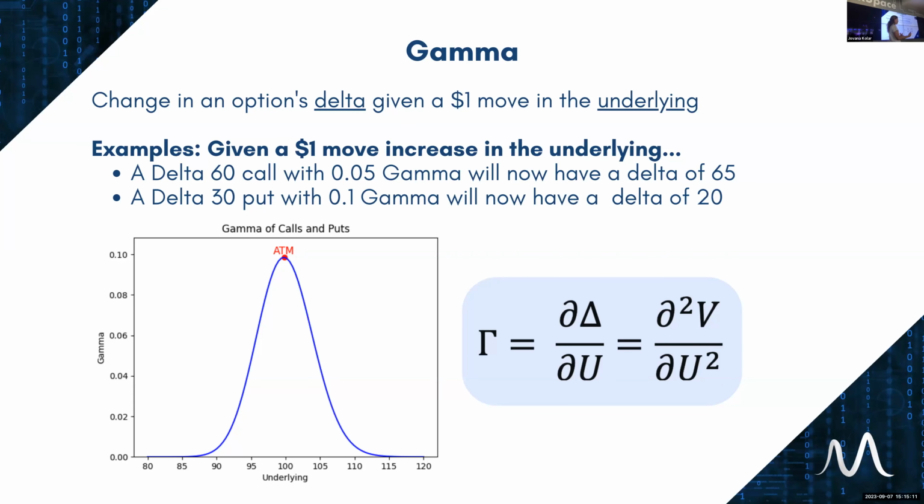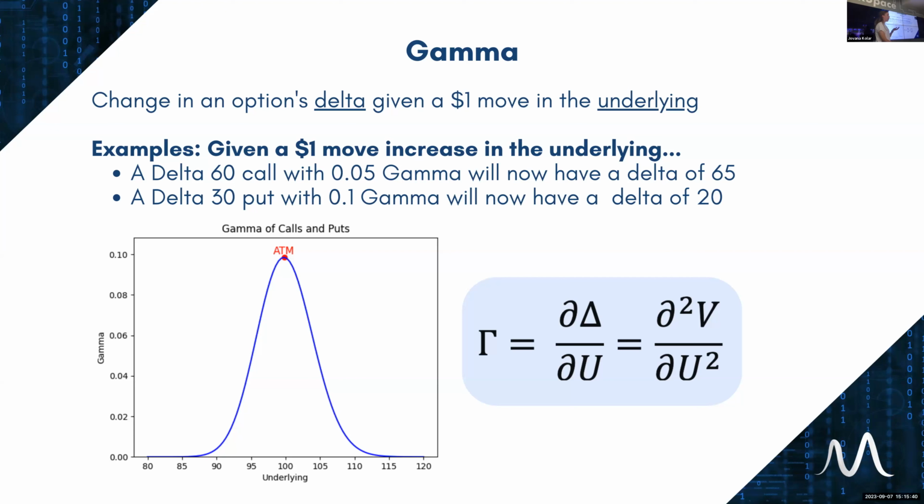So calls have positive gamma, and then for puts, because the signs are negative, let's say you're in the money for a put, so you're below the strike price, and then your underlying ticks up, then your delta would go closer to 0, right?